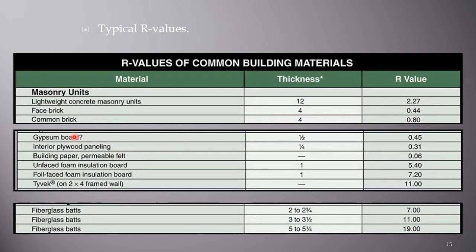Gypsum board, half-inch thick, has an R value of 0.5. If I double the thickness of gypsum board and make it 1 inch thick, it will have an R value of 0.9. But notice fiberglass batts, the FSK we were just talking about, how much higher the R values are. And so the higher the R value, the greater the resistance to heat flow.